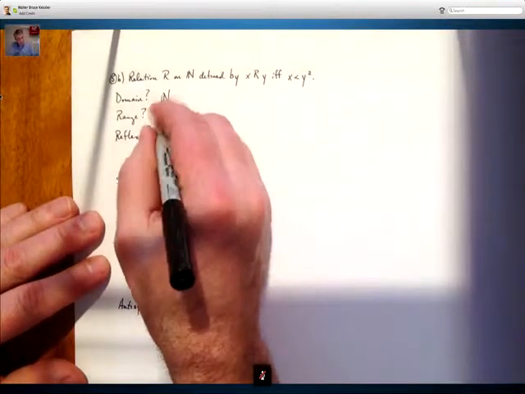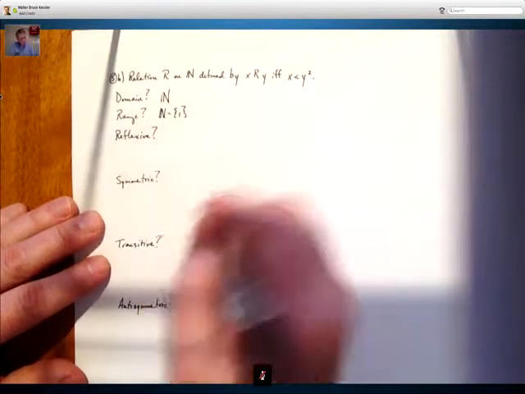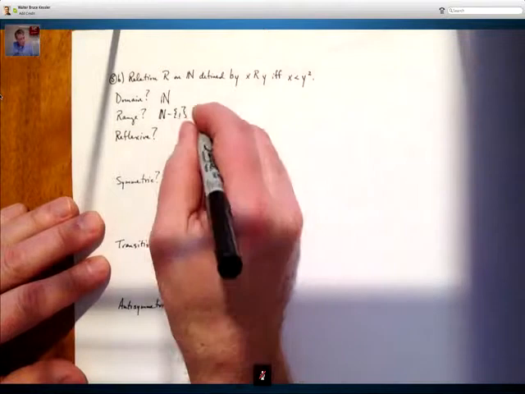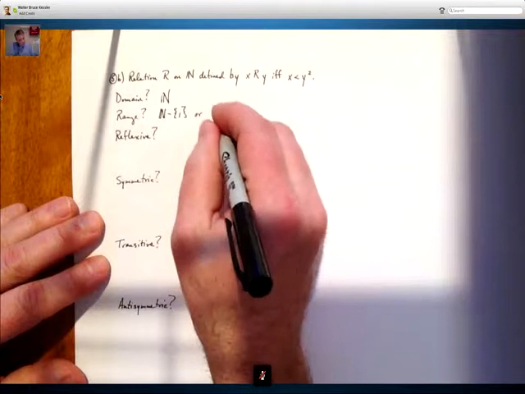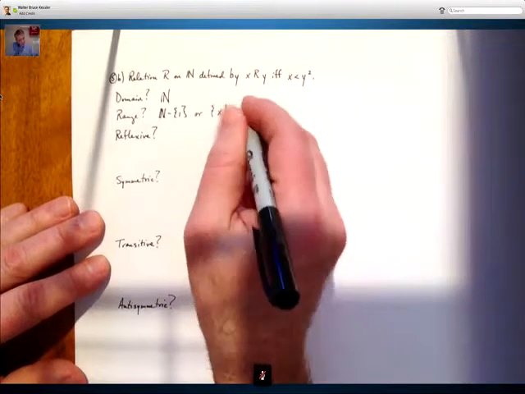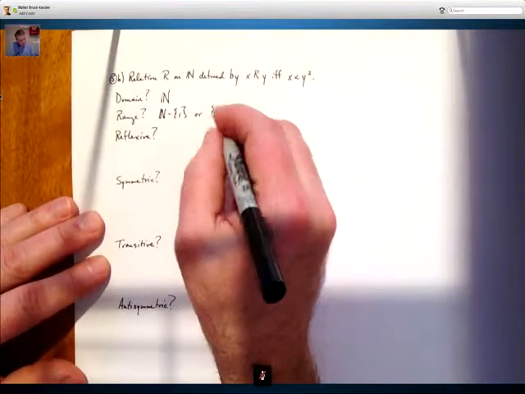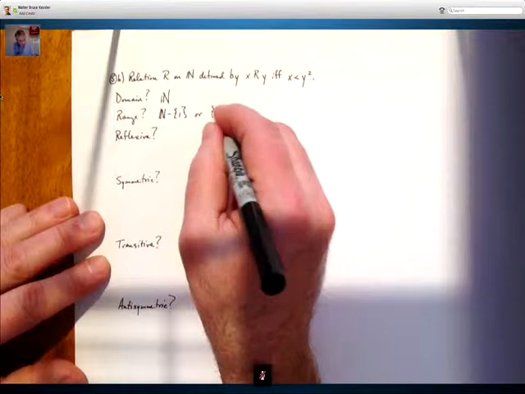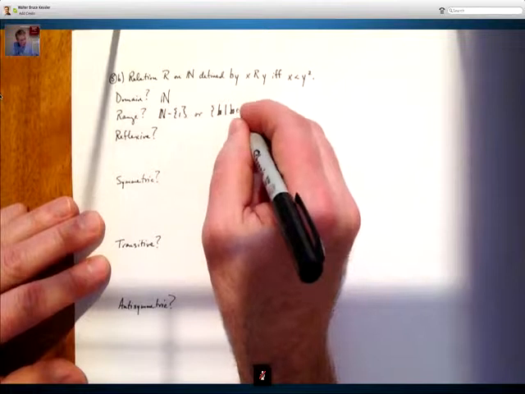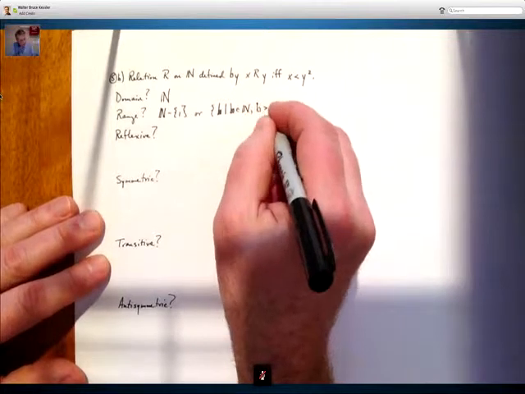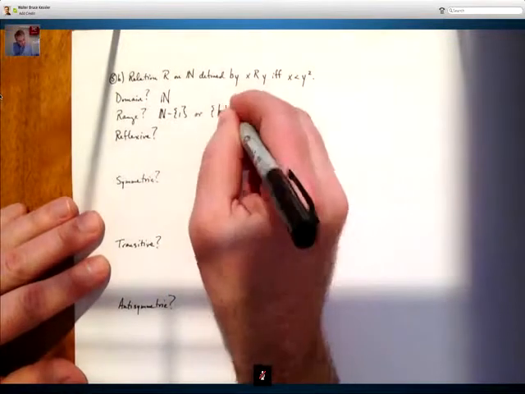So either state this as natural number minus the 1, or range is the set of B such that B is a natural number and B is greater than 1. Okay, something like that. B.